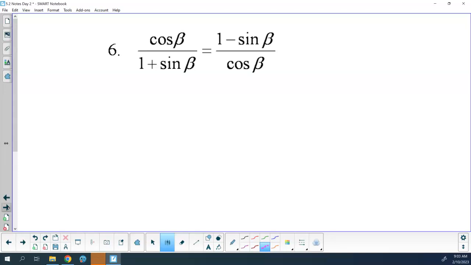So on this particular one, my question to you is, which side is more complicated? Left side? Why?